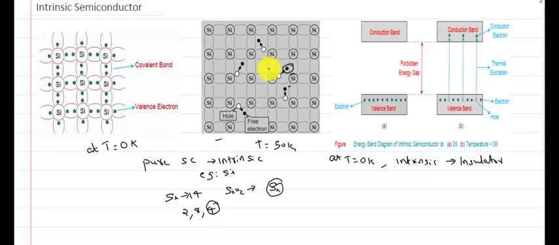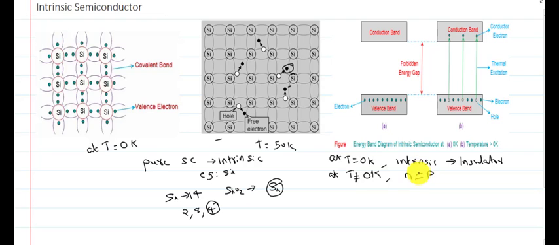So at any temperature T not equal to 0, for an intrinsic semiconductor, the electron concentration is equal to the hole concentration. The electron concentration is represented by n and the hole concentration is represented by p.